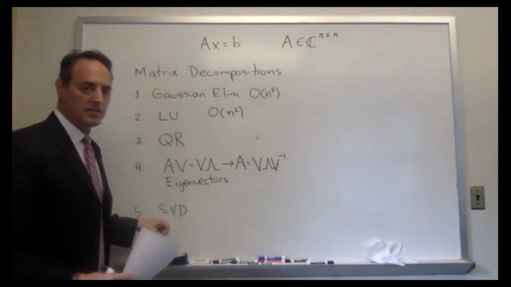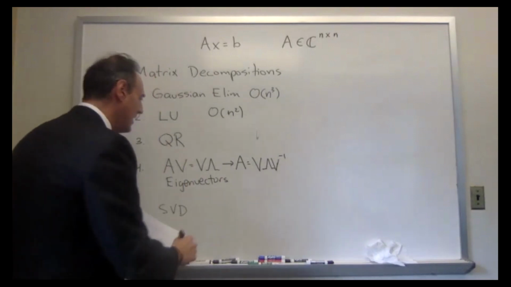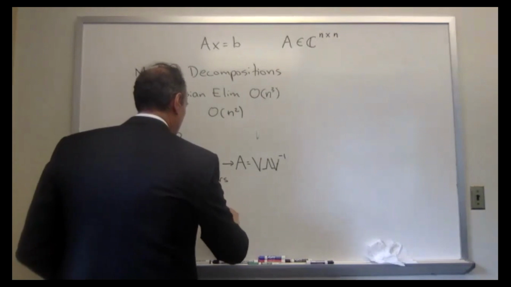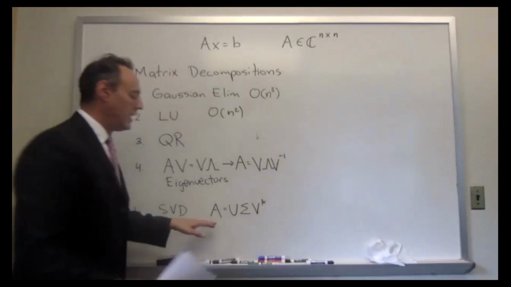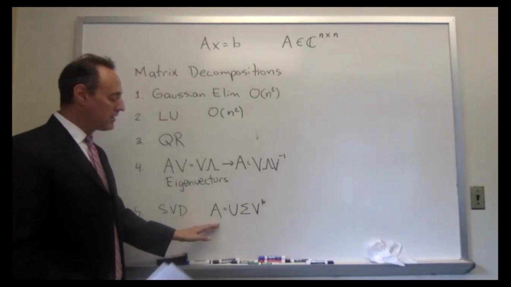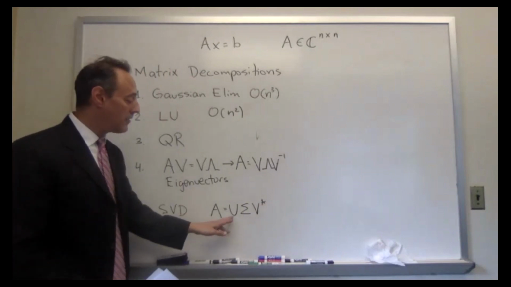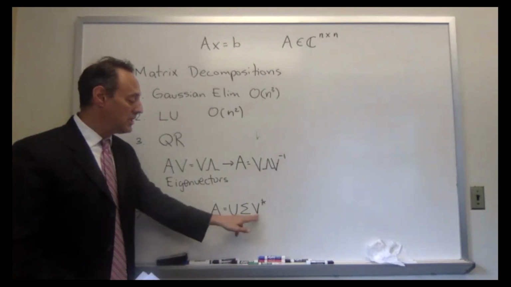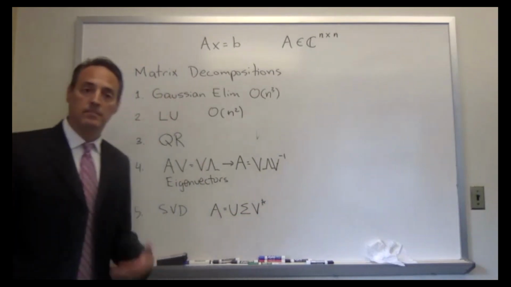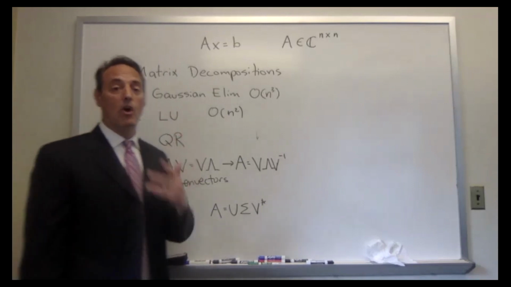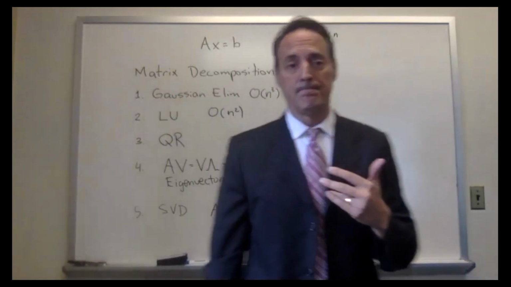So SVD, singular value decomposition, is a product. It breaks the matrix up into a product of two unitary matrices and a diagonal matrix. Okay? We're going to spend all next week talking about SVD.